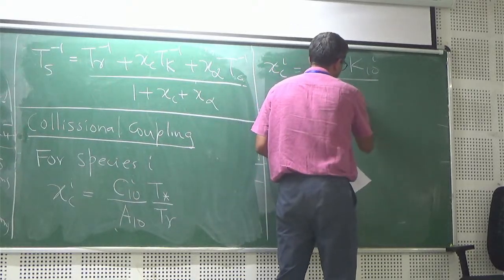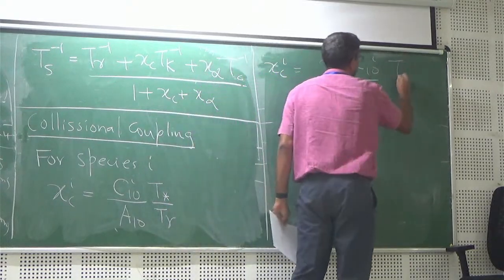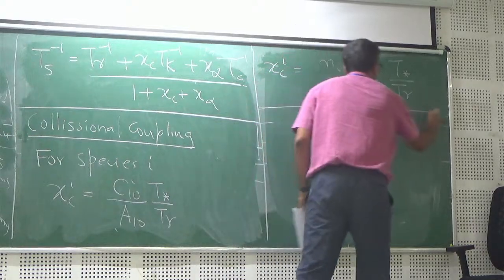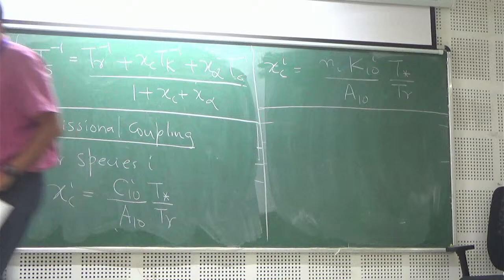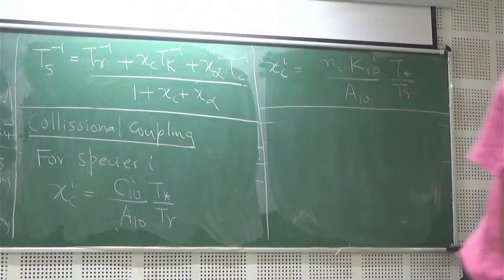And the rest is just as before. So we still have that A10, and then we still have this T star divided by T gamma. And these kappas are available in the literature. Maybe I will, at the end, when we have the projector screen down, I can show.